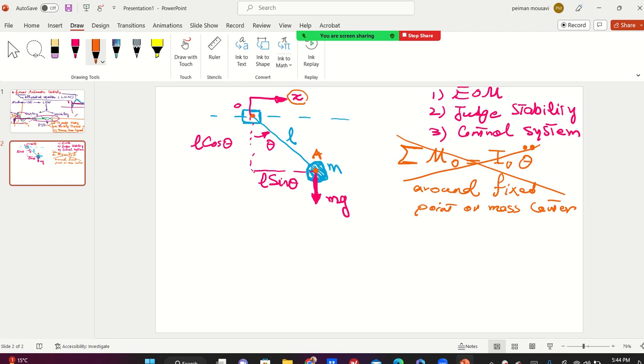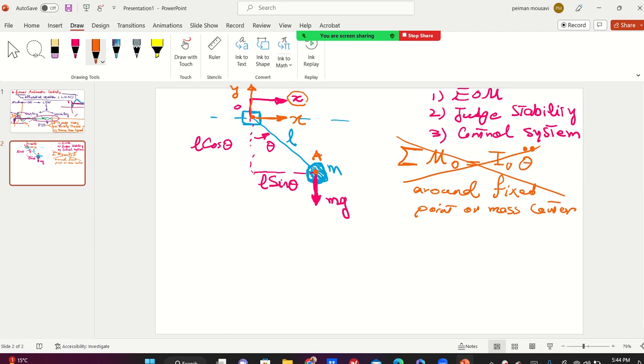Okay, so what we're going to do is use our lovely Newton. I'm going to put a coordinate system x and y here. The sum of the forces in the x direction is the mass of the pendulum times x double dot acceleration, and the sum of forces in y is m y double dot.